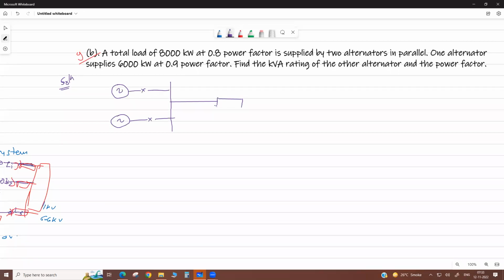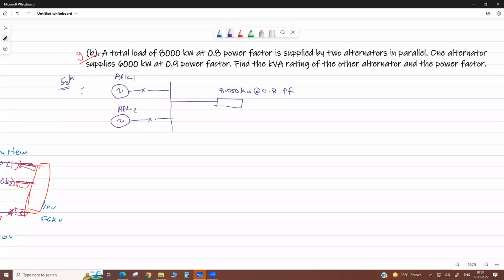So this total load is 8,000 kilowatt at 0.8 lagging power factor. Now here, this is alternator 1, this is alternator 2.